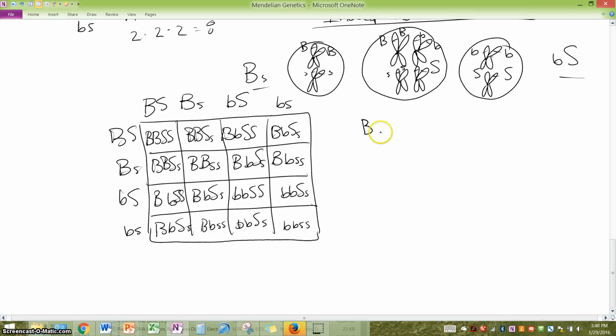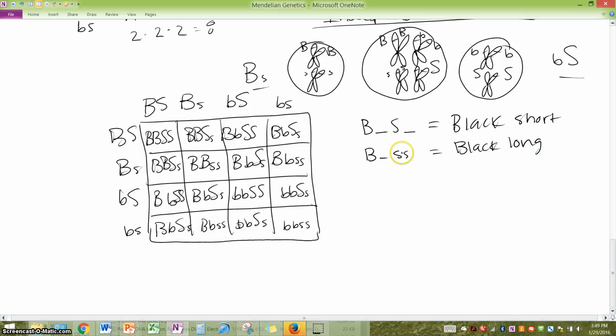So anytime it has a capital B, it's going to be black. It doesn't matter what the second allele is, it'll express black. You only need 1 dominant allele. Anytime there is a capital S, you know that the hair is going to be short. It doesn't matter what the next allele is, so this is going to be black and short. You have a capital B, but 2 little s's. This individual is going to be black and long.